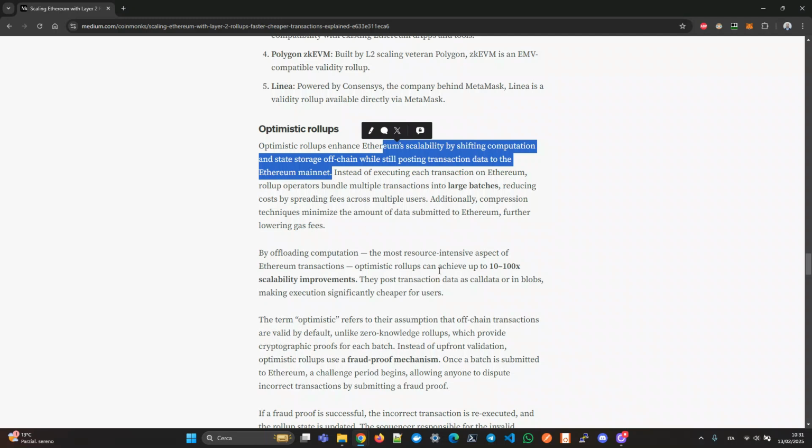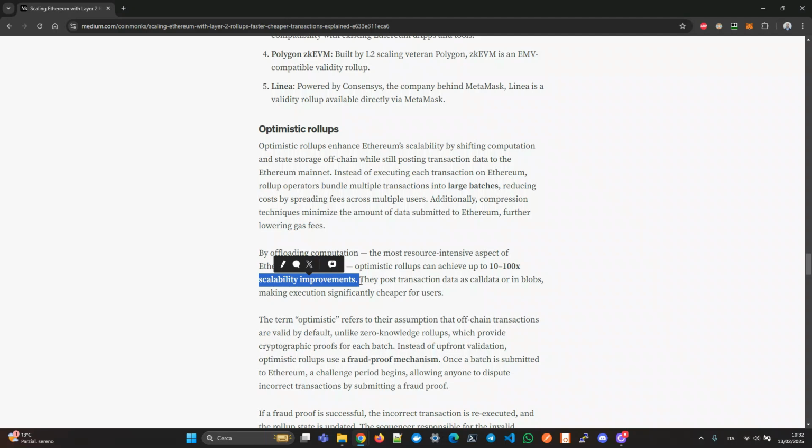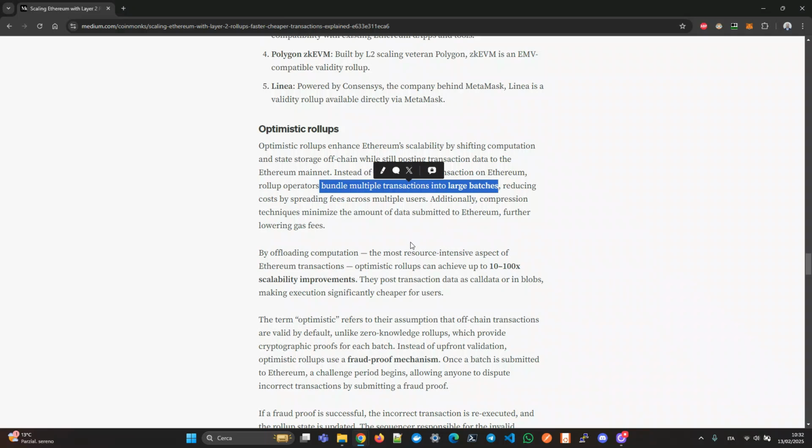This, of course, allows us to reach a 10 to 100x scalability improvement, because instead of executing each transaction on the Ethereum rollup, we bundle these transactions into large batches, and we are not executing the mathematical proofs that are instead executed in the case of zero knowledge rollups.